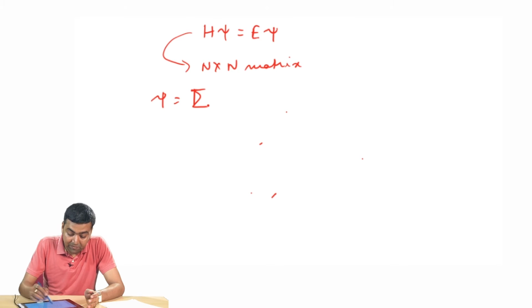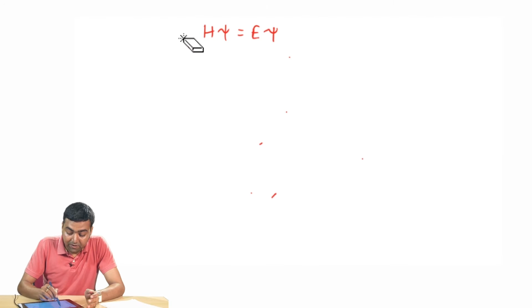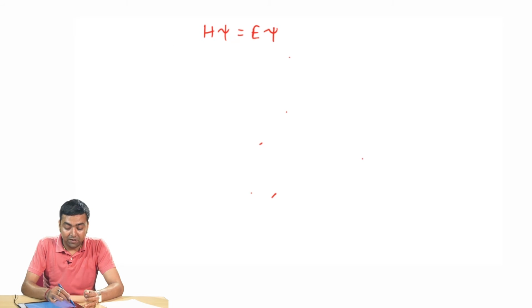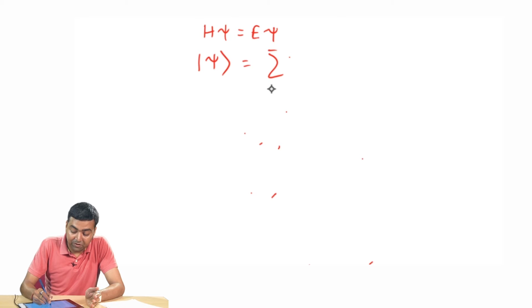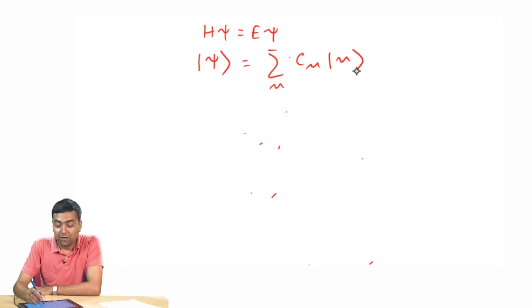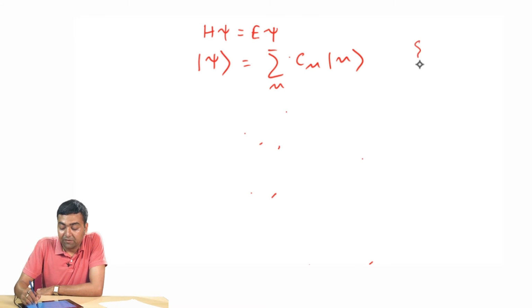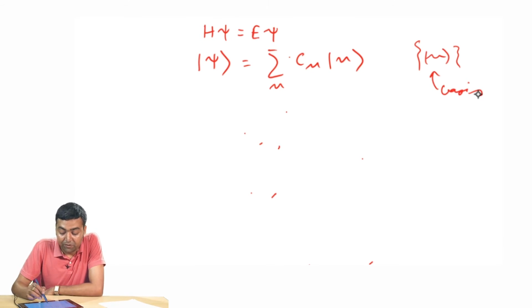So, let me just summarize what we have done so far. We started off with this wave function, and then we expanded my psi as a linear combination of basis functions, where my basis is denoted by this one. Now my unknowns are these C n, which are the coefficients.